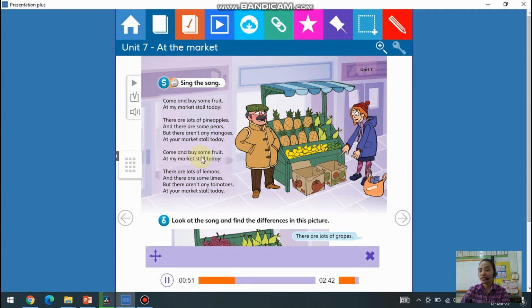Come and buy some fruit at my market stall today. There are lots of lemons and there are some limes, but there aren't any tomatoes at your market stall today.